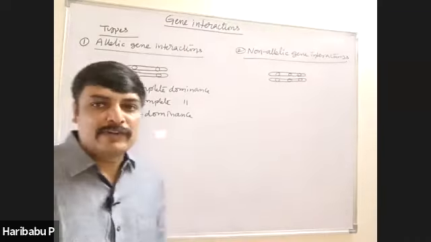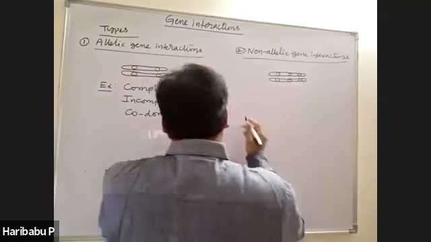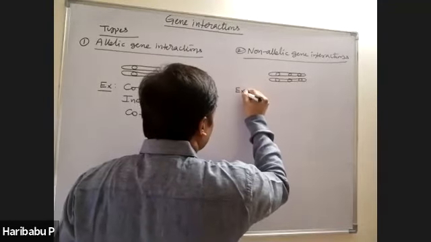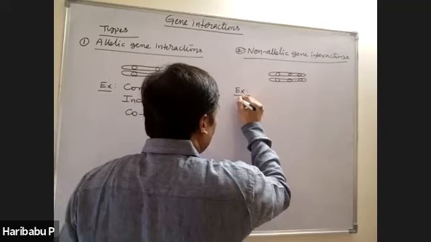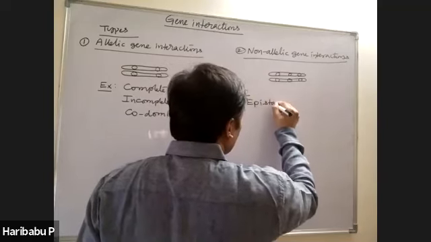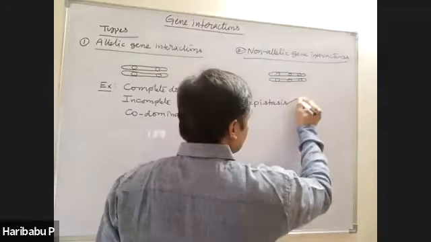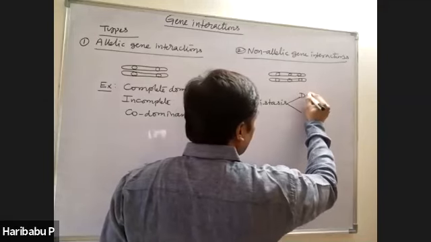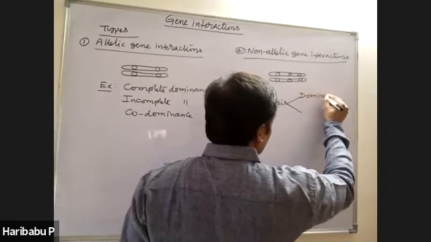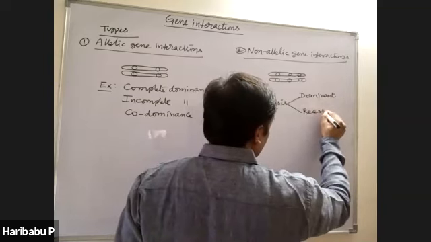And these are of different types. They are: 1. Epistasis. Again, these are of two types: dominant epistasis and recessive epistasis.